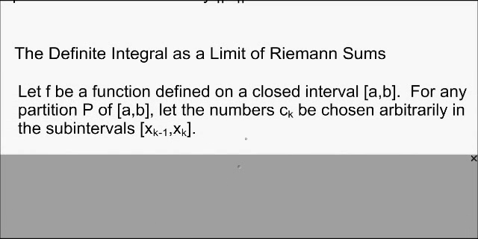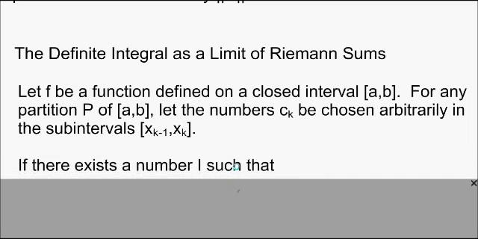This says, let f be a function defined on a closed interval a comma b. For any partition P of a comma b, let the numbers c sub k be chosen arbitrarily in the subintervals x sub k minus 1, comma x sub k.